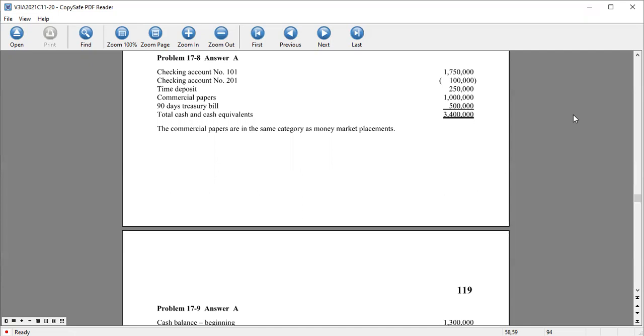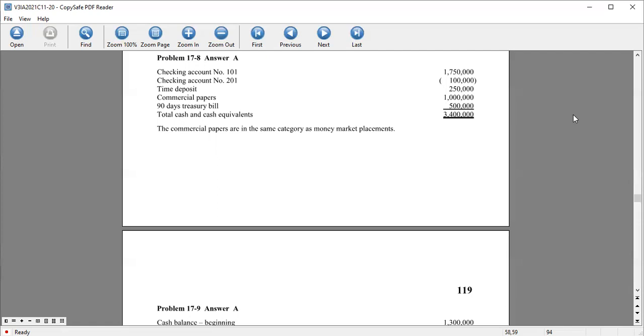Cash, as we have to include cash on hand and demand deposits. Cash equivalents are short-term, highly liquid investments that are readily convertible to known amount of cash and which are subject to an insignificant risk of change in value.